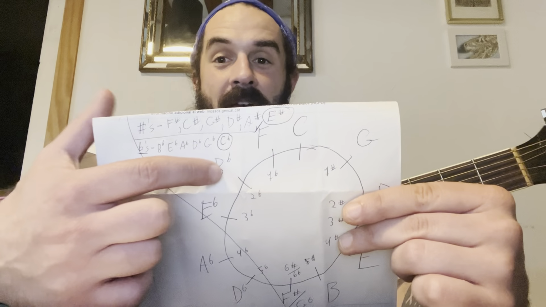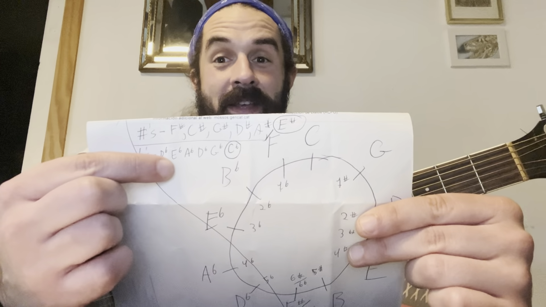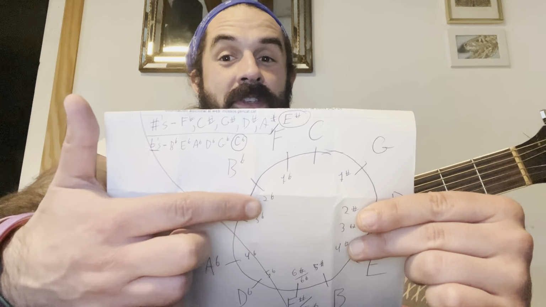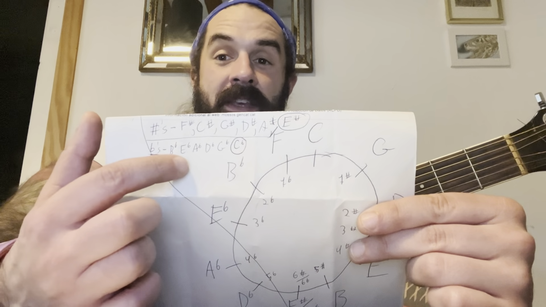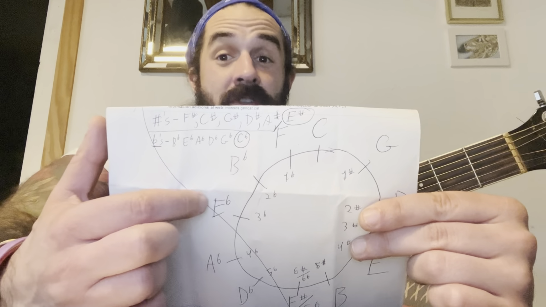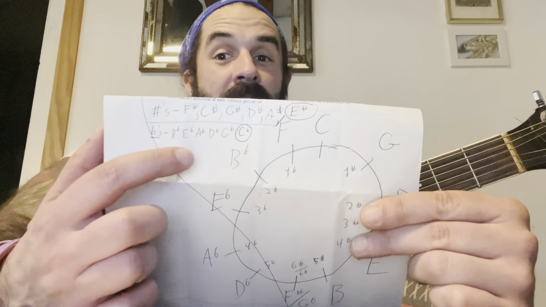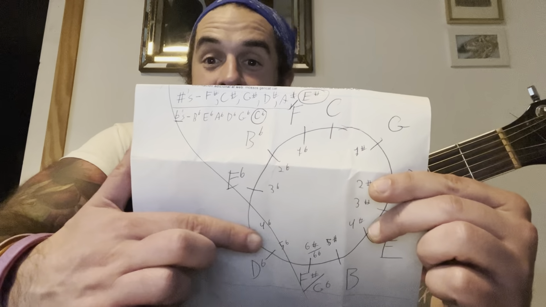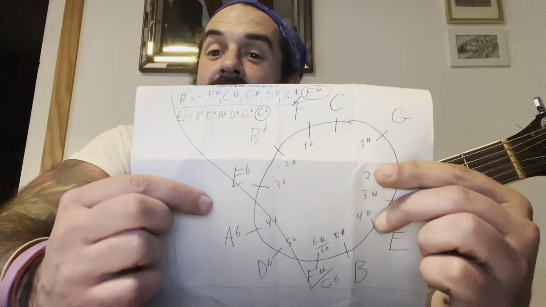Now when I go to B flat, it obviously still has that B flat in it, right? But now it adds an E flat. So B flat has two flats in it: the B flat and the E flat. And it introduced E flat, which now has three flats: B flat, E flat, and A flat. That introduced A flat, which has four flats in it now: B flat, E flat, A flat, and D flat.